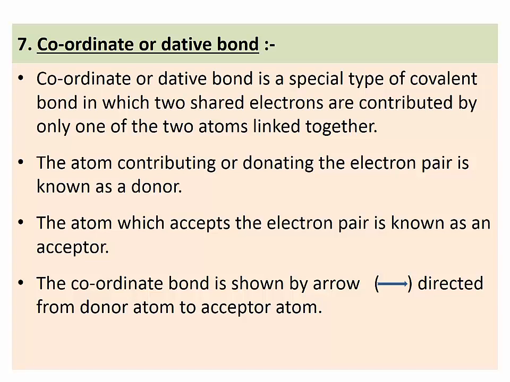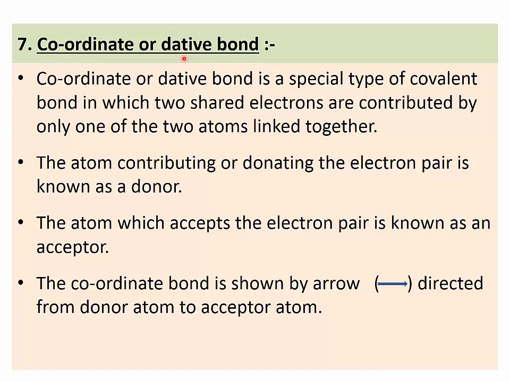Now see important definitions from coordination chemistry. Next one, coordinate or dative bond. We have discussed that a coordination compound is formed when a ligand donates an electron pair to a metal atom or metal ion, and at that time a coordinate bond is formed. Now see, what is a covalent bond?